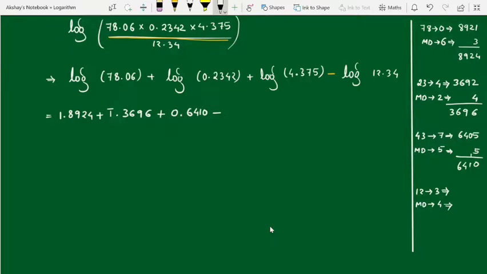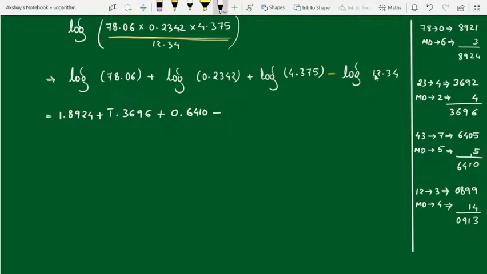I have 0899. And mean difference value 4, I have 14. So it will be 899 plus 14 means 913. So 0913. Okay. So this value here we have to write.